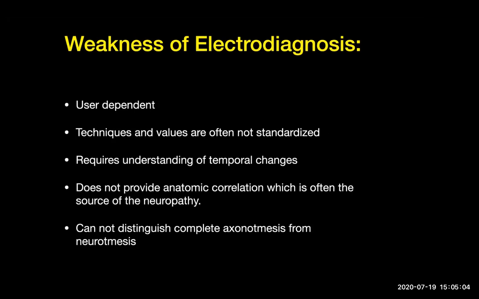It does not provide anatomic correlation, which is often the source of neuropathy. So let us keep in mind that even though this is a very useful modality for diagnosis, there are some limitations that we need to know, and we cannot just overread it. It also cannot distinguish between a complete axonotmesis and neurotmesis. So these are the weaknesses of EMG.